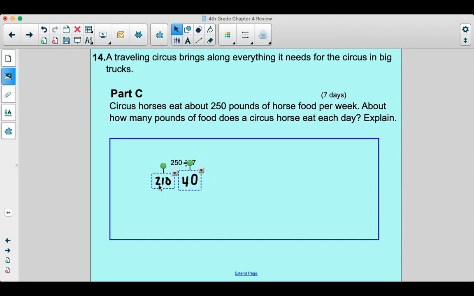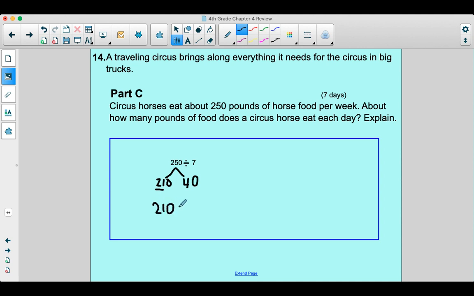Okay, so far, this is just my thought process to help myself get started. So here we go. We've got 210 divided by 7. Now I know 21 divided by 7 is 3. So 210 divided by 7 is going to be 30, right? So 210 divided by 7 is 30.